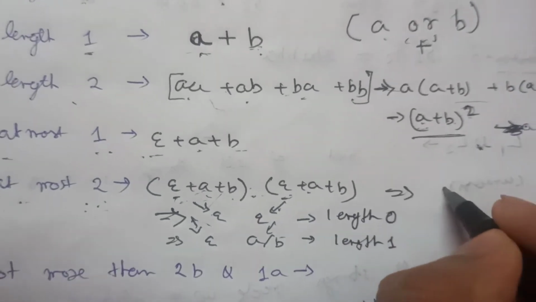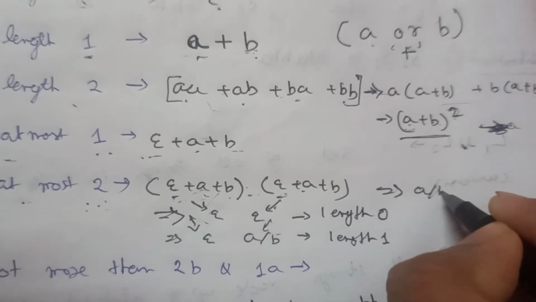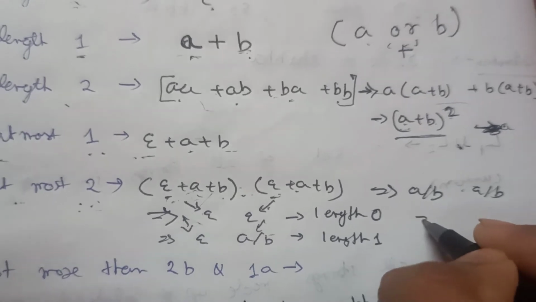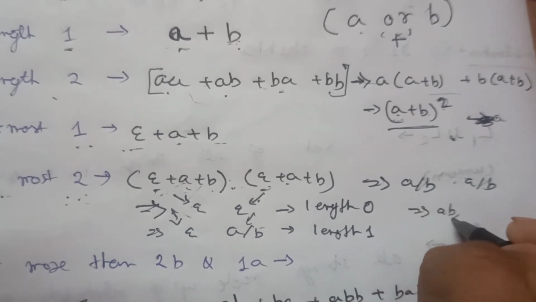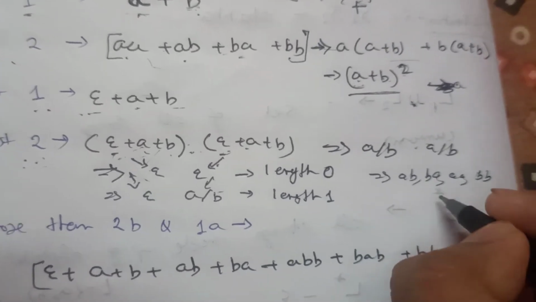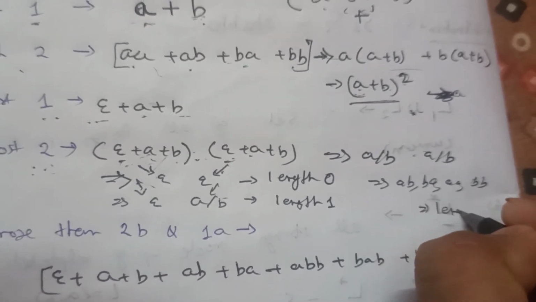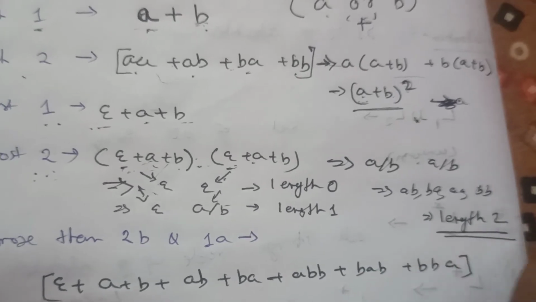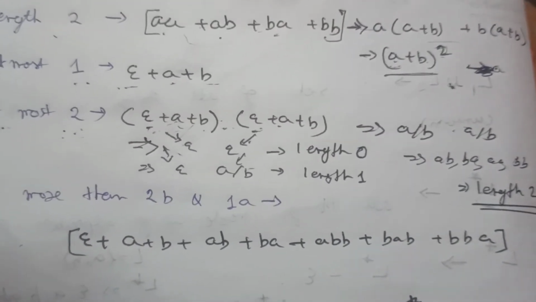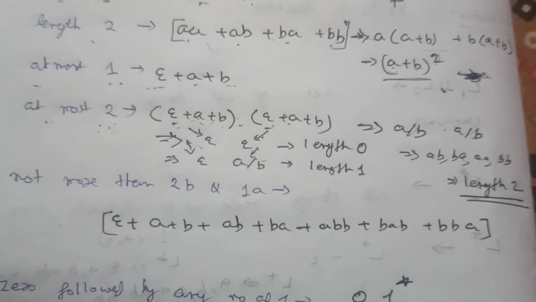And if I take a or b from here and a or b from the second one, then it will be like this: it can be ab, ba, bb, anything. So this will be of length 2. So hope you understand this. If not, then pause, go back and run it in slow motion.